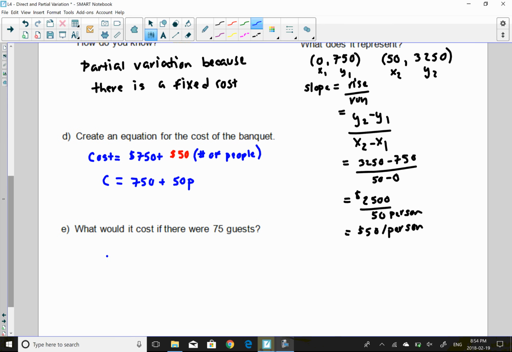So cost is equal to 750 plus 50 times 75. We have 750 plus 3,750, which is equal to 4,500. Therefore, it will cost 4,500.